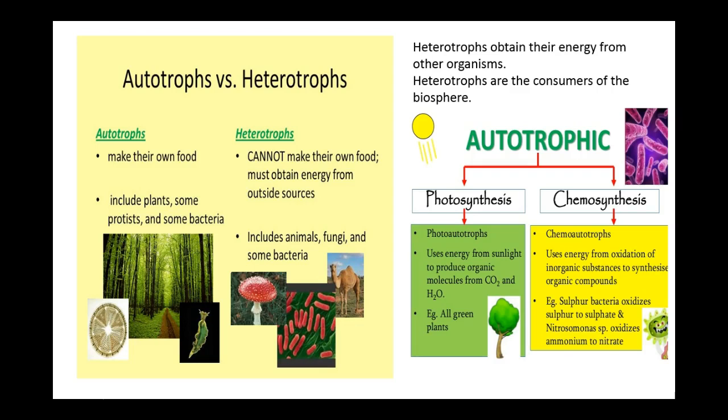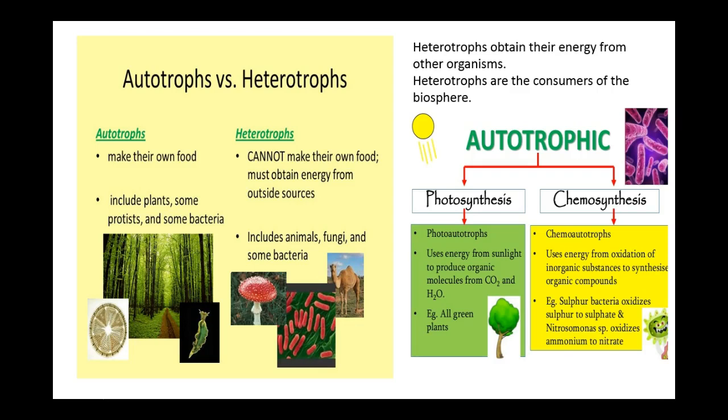And so with regard to these autotrophic behaviors, you have photosynthesis and chemosynthesis. There is just a little bit of a distinction there. Photosynthesis uses sunlight and CO2 to produce organic molecules and water.